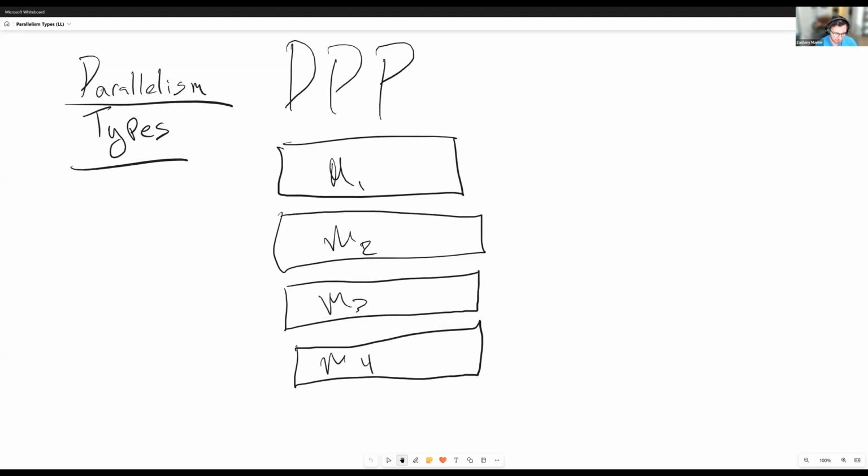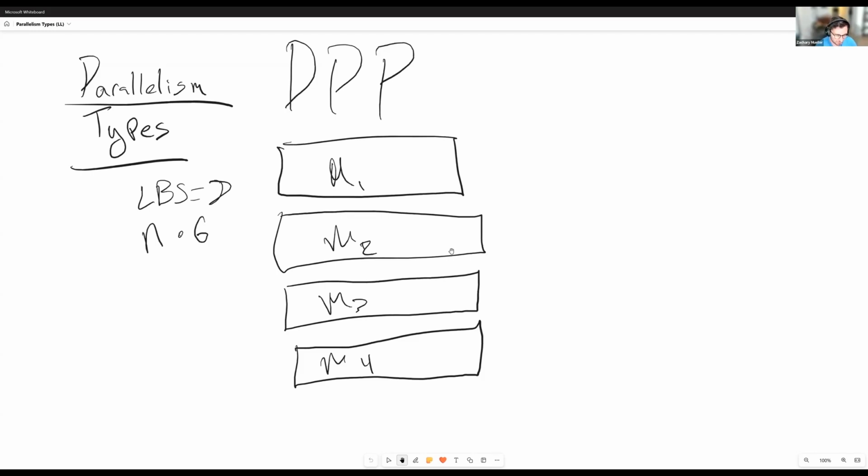Then what we do is, let's say I can only fit a batch of 8 on each GPU with my model, right? So my local batch size is 8. Well, DDP says since we're running multiple versions of the model at once, and they're all allegedly the same, then we can describe our global batch size as n times g, right? n being the local batch size, g being the number of GPUs.